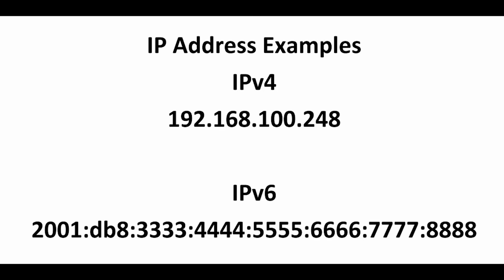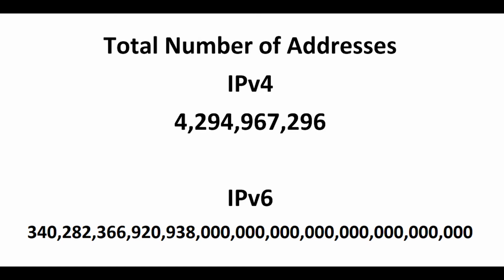In fact, the difference is that with IPv4 there are almost 4.3 billion addresses available. With IPv6, it's 2 to the 128th power, which is 340 and a whole bunch of numbers and lots of zeros, right? There's some interesting data that I can share with you about this.